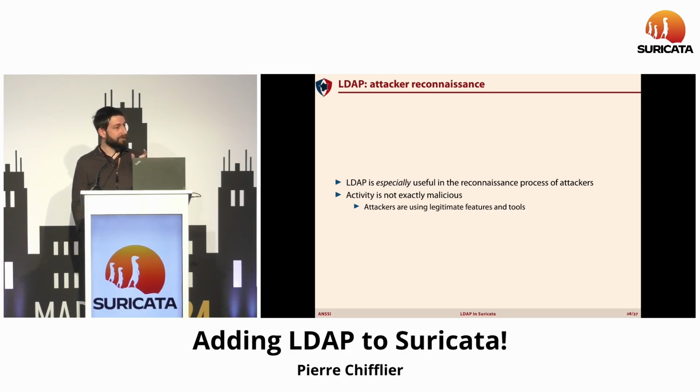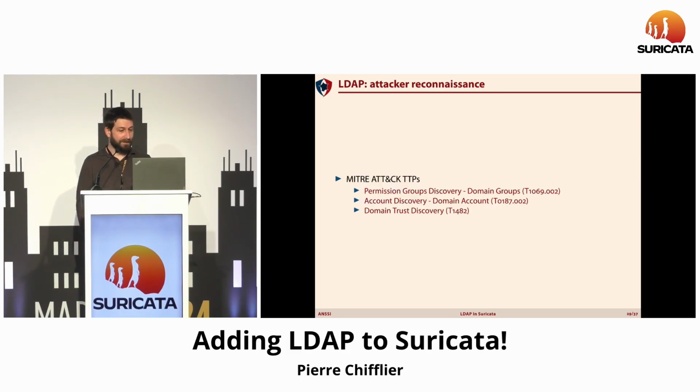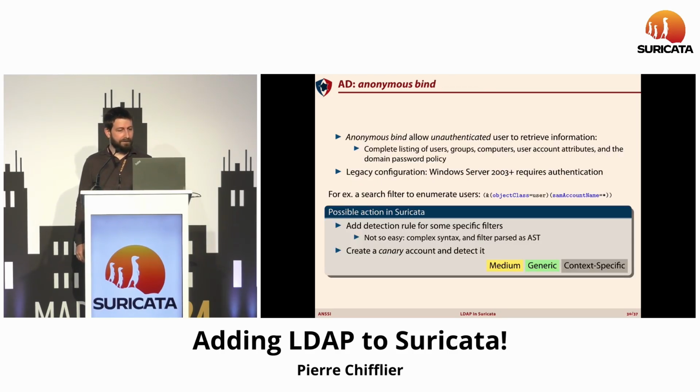So it's hard to write signatures for legitimate activity. So we are looking at MITRE TTPs, which are group permissions discovery, account discovery, domain trust discovery, and so on. This is the kind of information that the attacker is trying to gather using LDAP.